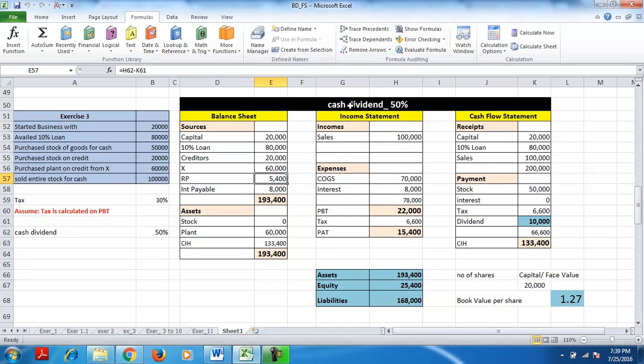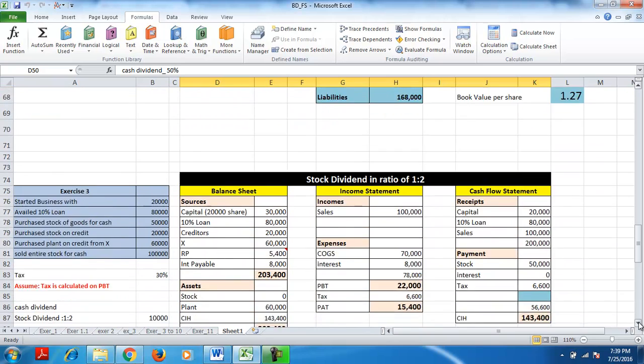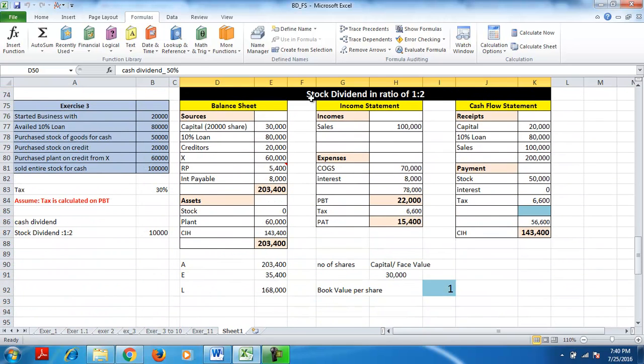Now let us assume that the dividend is not distributed in cash, but the same amount of 10,000 is distributed in the form of stock dividend. If the company is declaring stock dividend, unlike the previous one, there is no dividend in the income statement or the cash flow statement, because we are not paying any cash.